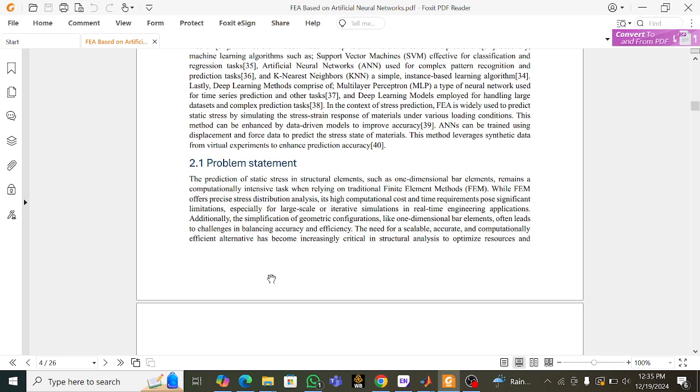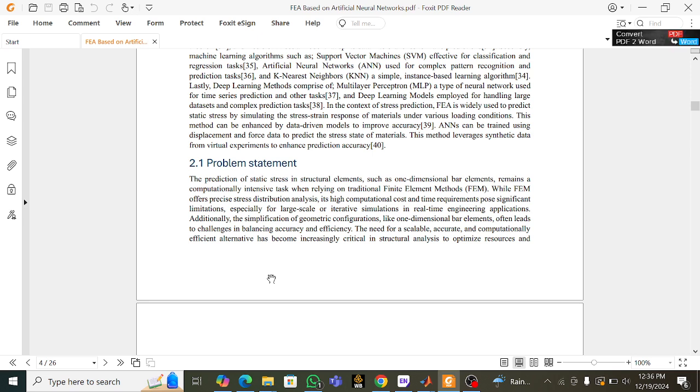So there are already methods we have for static stress prediction, like the finite element method. One disadvantage of the finite element method is that it can take time to calculate the static stress in a structural member.